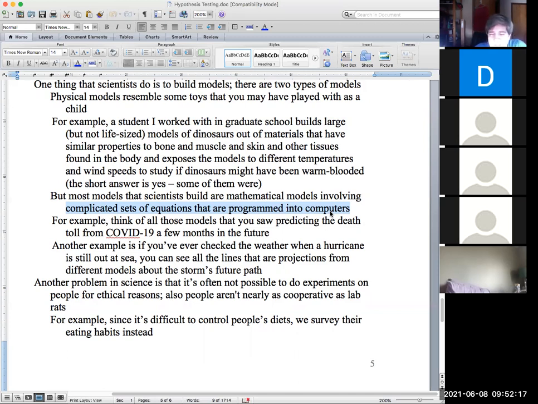And a good example of this is, think about during the pandemic when you used to see pretty regularly all these predictions about what the death toll would be in another month or another 2 months. And sometimes there was more than one prediction. Why? Because they were using different models.